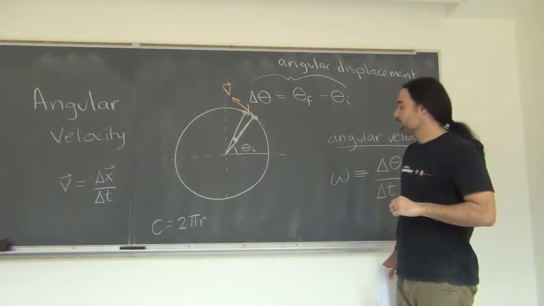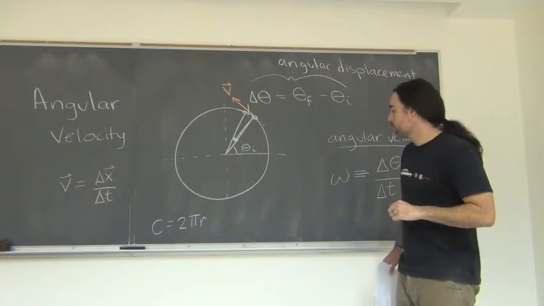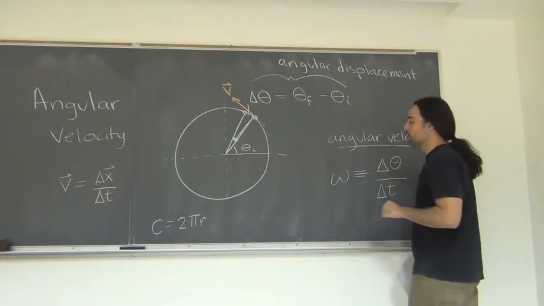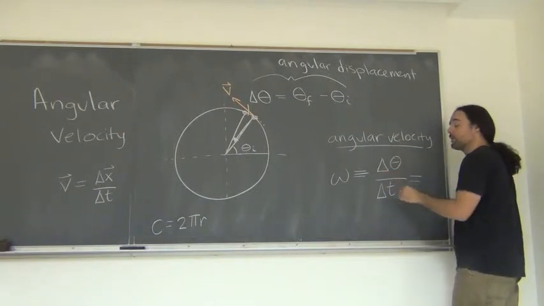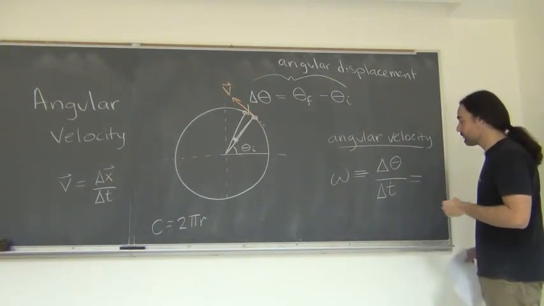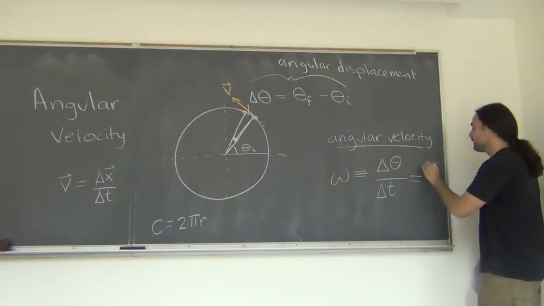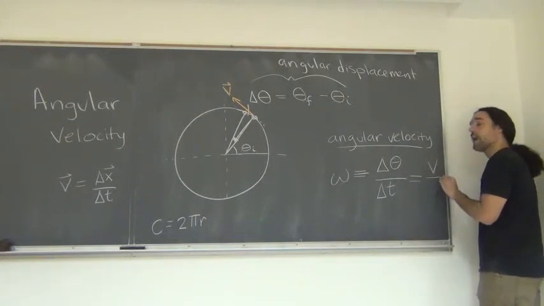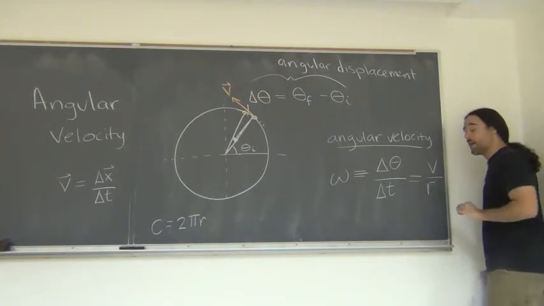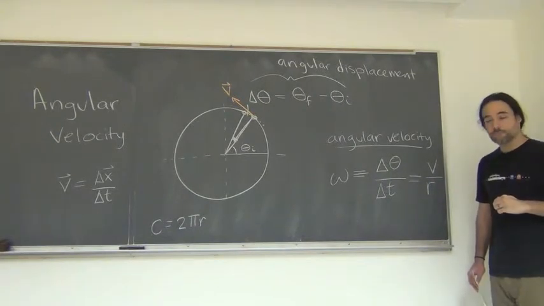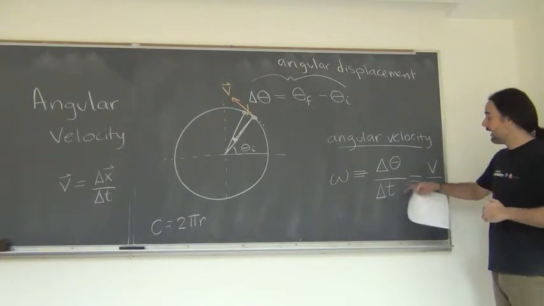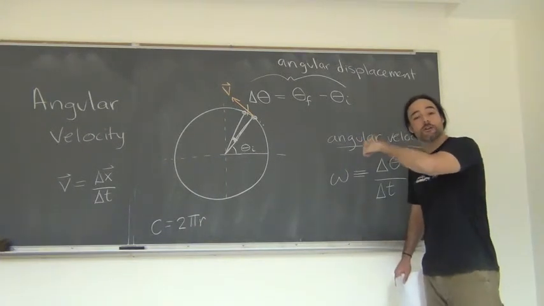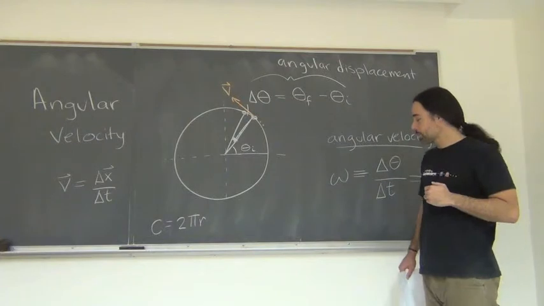Well, from that, we can figure out that the relationship between the angle that we travel divided by the change in time is just going to be the same as the velocity divided by r. Why is it the same as the velocity divided by r? Well, the angular velocity, let's say we consider a change in angle for one period.